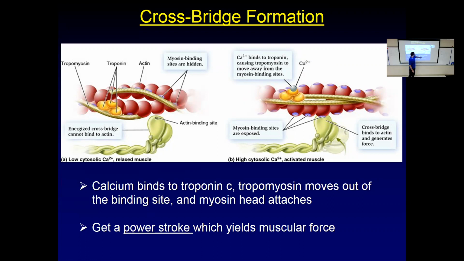Myosin binds onto actin. When they are bound together, we call that a cross bridge. Once they are bound, then the myosin, because it is a molecular motor, will attempt, it is not always successful, but it will attempt to pull, okay, to generate a force and pull the actin in a certain direction, okay?